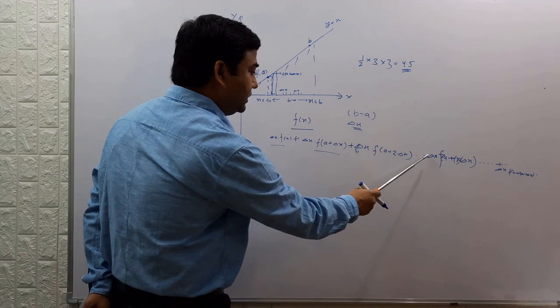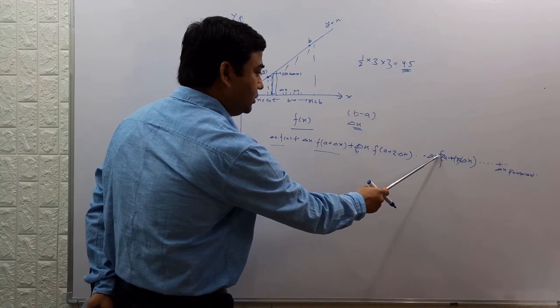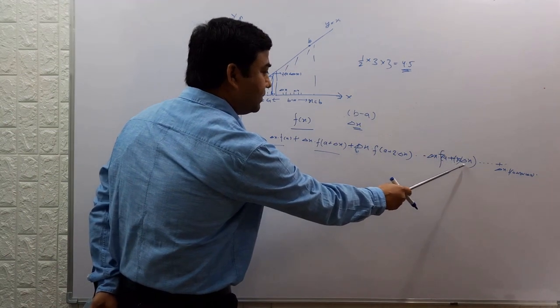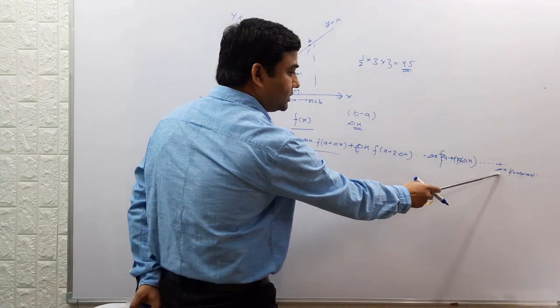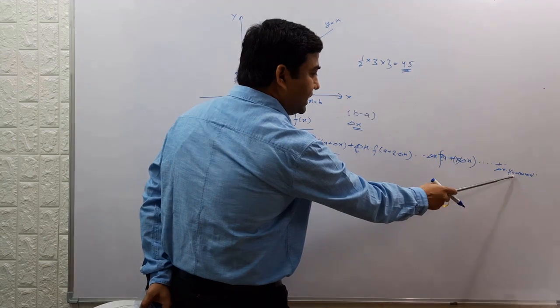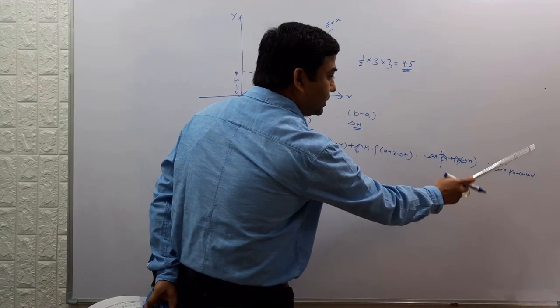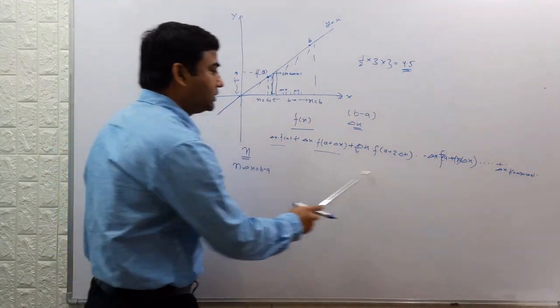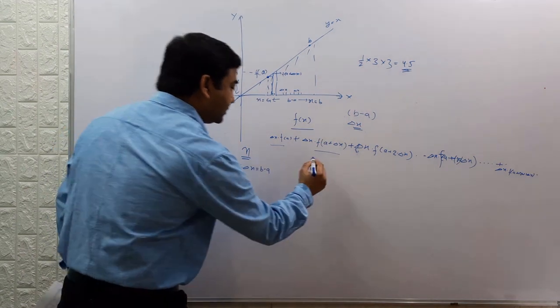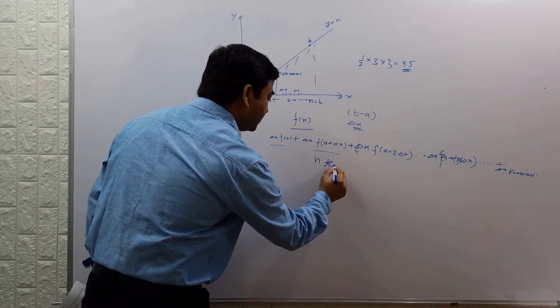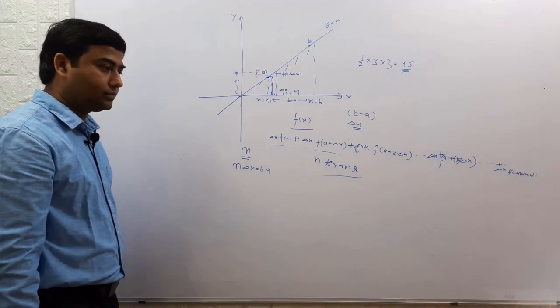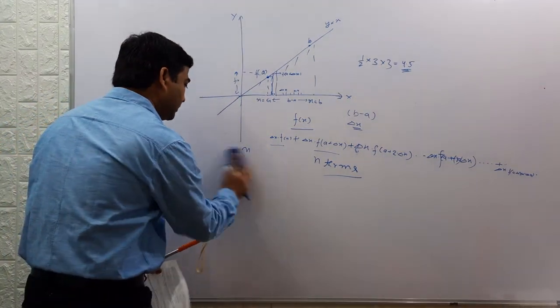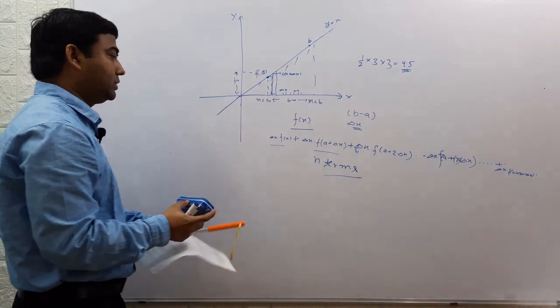So the rth term will be delta x into f(a plus (r minus 1) into delta x). And the last term will be delta x into f(a plus (n minus 1) into delta x). So this whole expression will have n terms. This is the method of exhaustion.